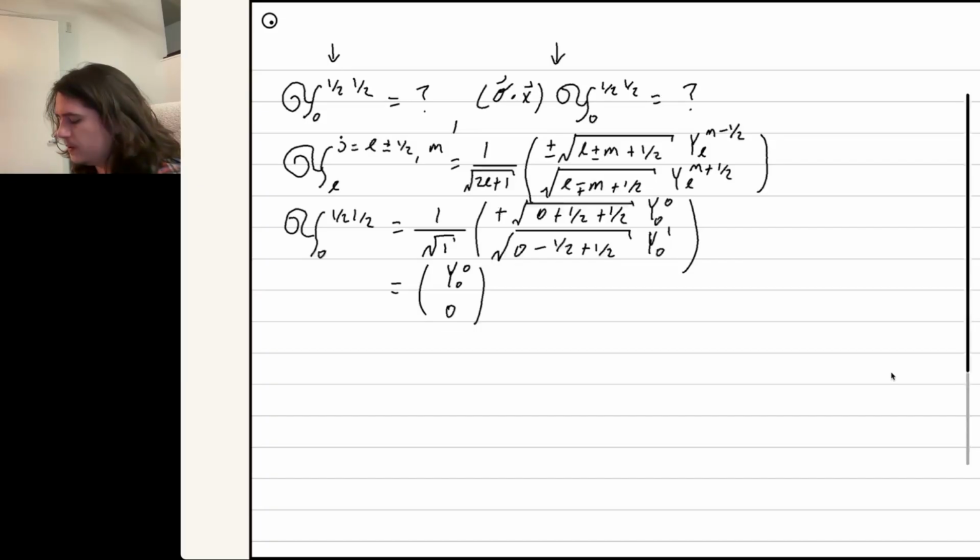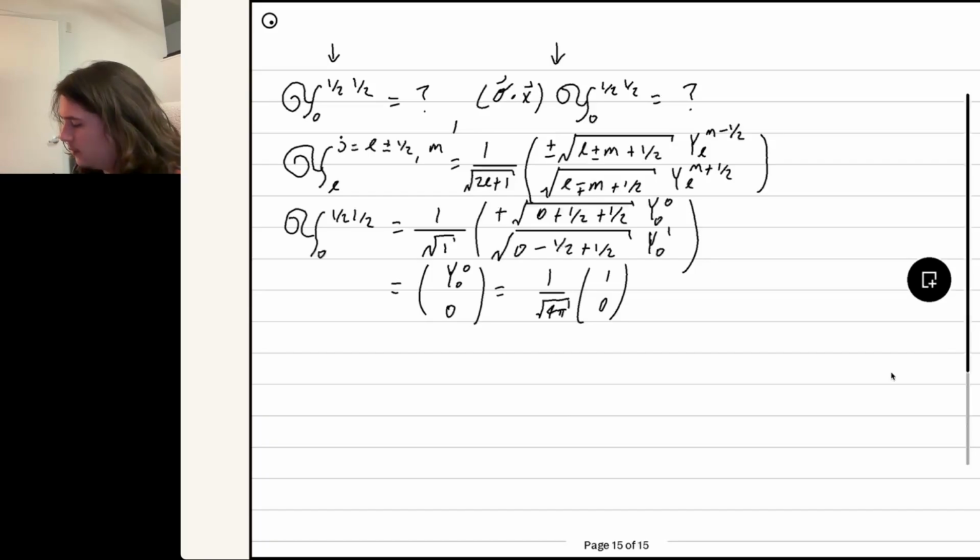Now we should operate on it. Oh no, first let's just talk about that Y there. That's a spherical harmonic. Y 0, 0 is actually a constant. It's just 1 over root 4 pi. Now let's do the operator.